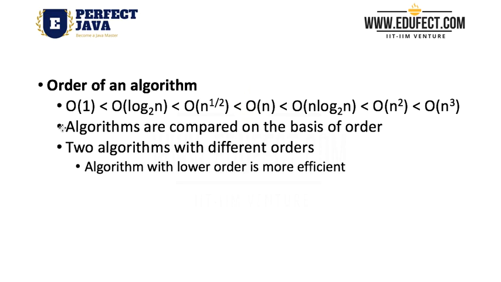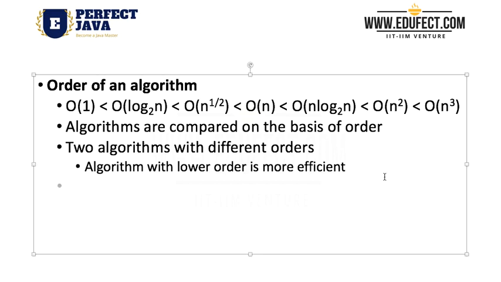So this will give us an idea as to how the orders compare. As we discussed, algorithms are compared on the basis of order, and when two algorithms which are performing the same task have different orders, the algorithm with the lower order is more efficient. So a log n algorithm is more efficient than an order n algorithm, or an n log n algorithm is more efficient than an order n square algorithm.